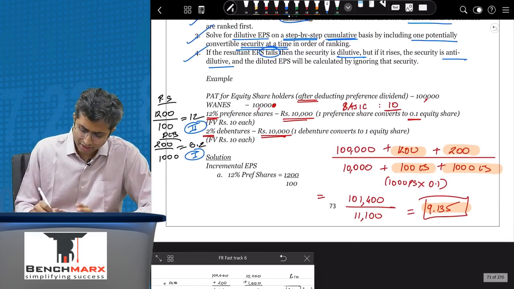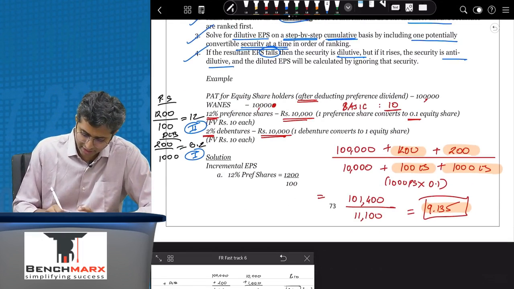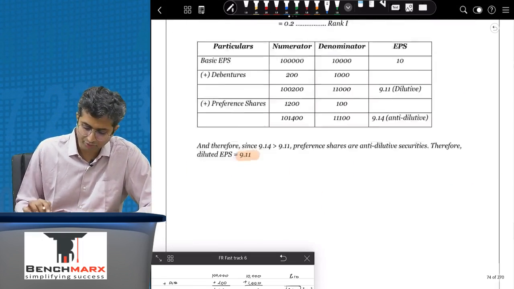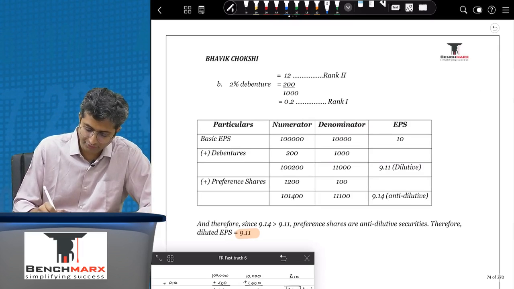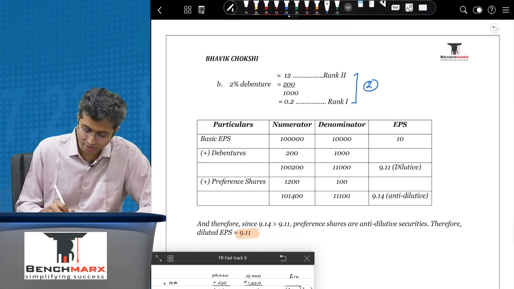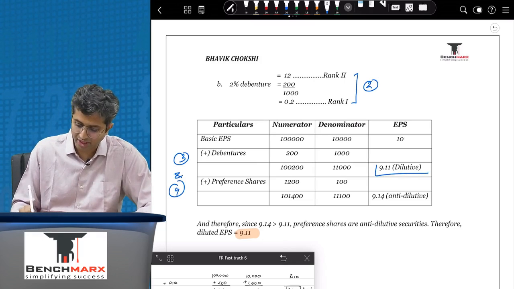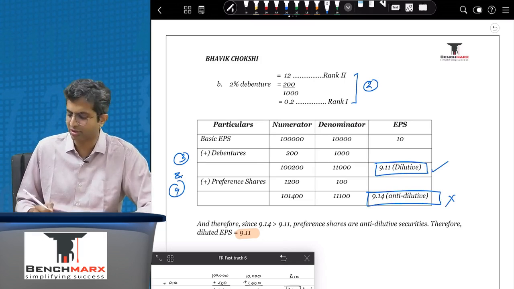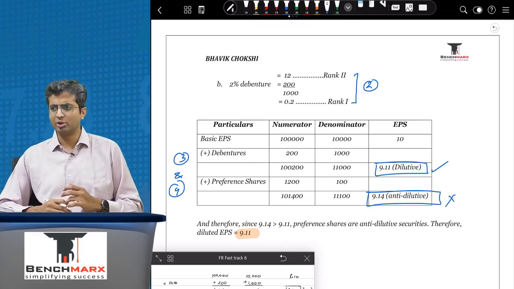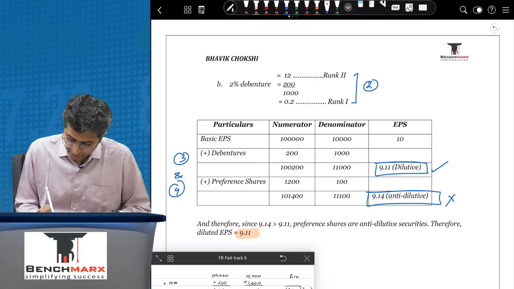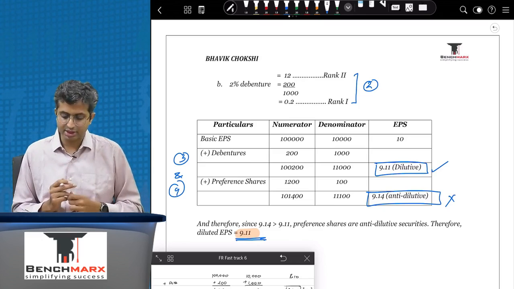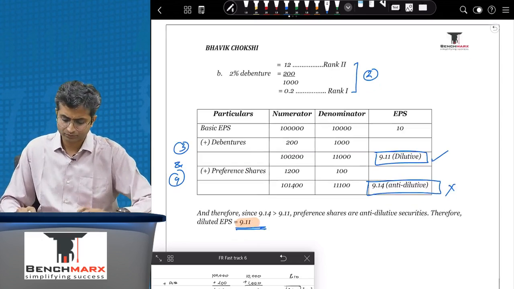Like over here, you have calculated the incremental EPS, step number 1, for preference shares and then for debentures. Then you have ranked it, step number 2, and then you have taken step number 3 and 4, where we have taken one security at a time, found 9.11, said that it is dilutive, found 9.13 or 14 as the case may be, and said this is anti-dilutive, and hence your diluted EPS is 9.11.